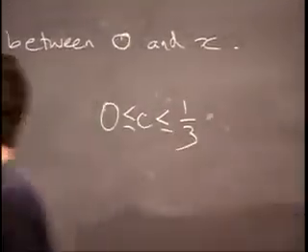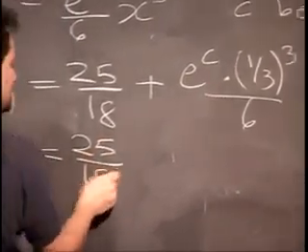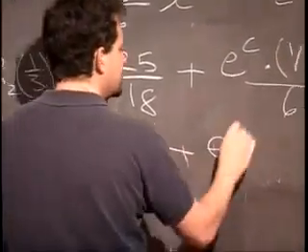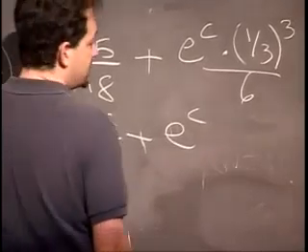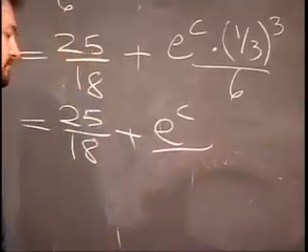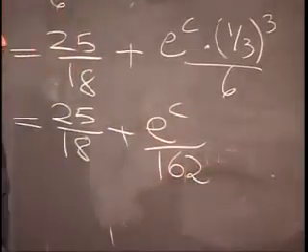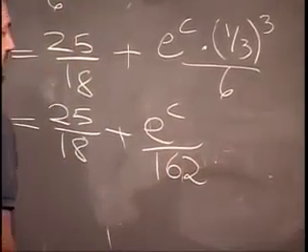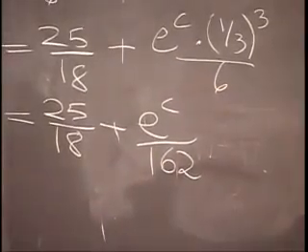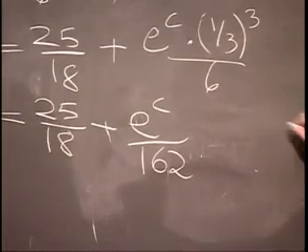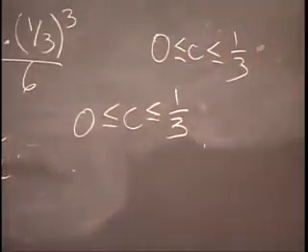So this is probably déjà vu from last week because we did a very similar example. So you get e to the c, and 6 times 27 works out to be 162. Is that right? 168. No, it is 162. There you go. All right.